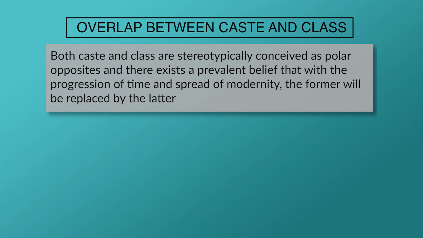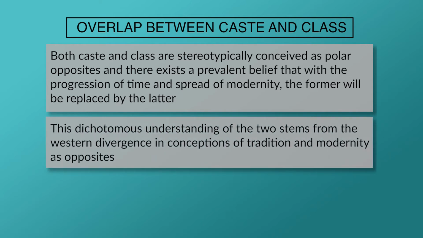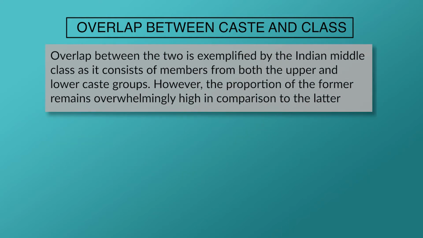Now, this perception of a dichotomous view of both caste and class, according to the Western scholarship, is not considered suitable in the Indian context. If we were to look at the Indian middle classes, they consist of members of both upper and lower caste groups, but the proportion of the upper castes is definitely higher than the lower castes.